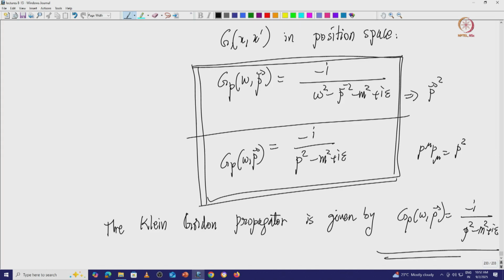Okay. Now, before going into deriving the Dirac propagator, all the propagators are derived in the same fashion.